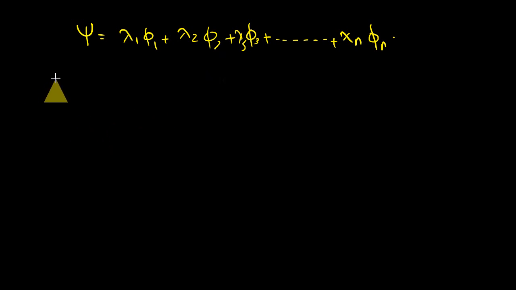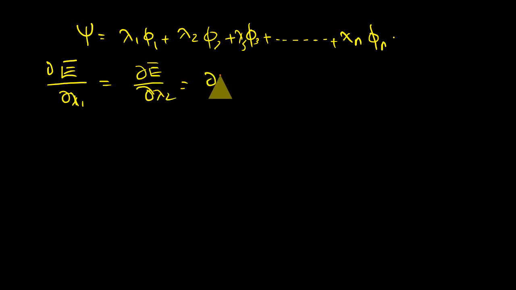Okay, and if we are doing the similar procedure, means if we are calculating the expectation value E bar with this trial function, and minimizing this expectation value with respect to each of the variable parameters, dou E bar by dou lambda 1 is equal to dou E bar by dou lambda 2, that is equal to dou E bar by dou lambda 3, that is equal to etc. is equal to dou E bar divided by dou lambda n, that is equal to 0.